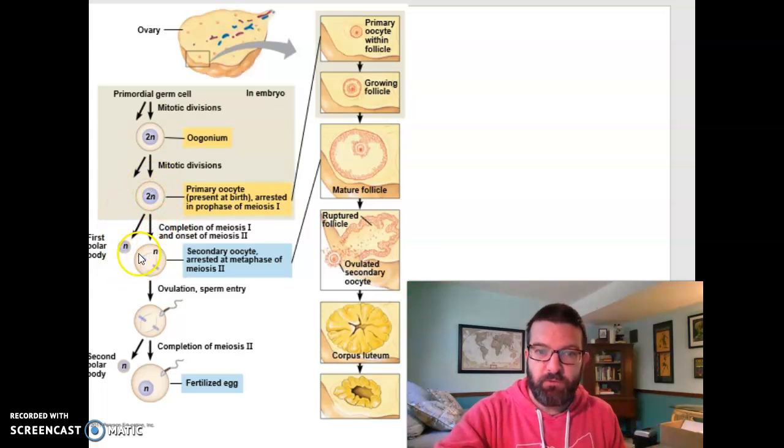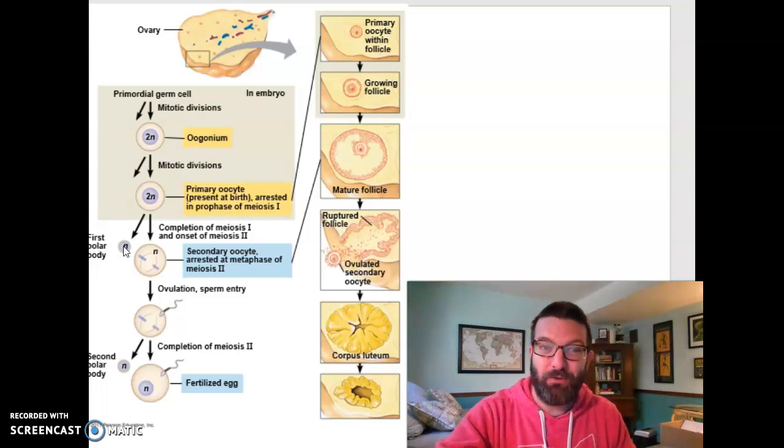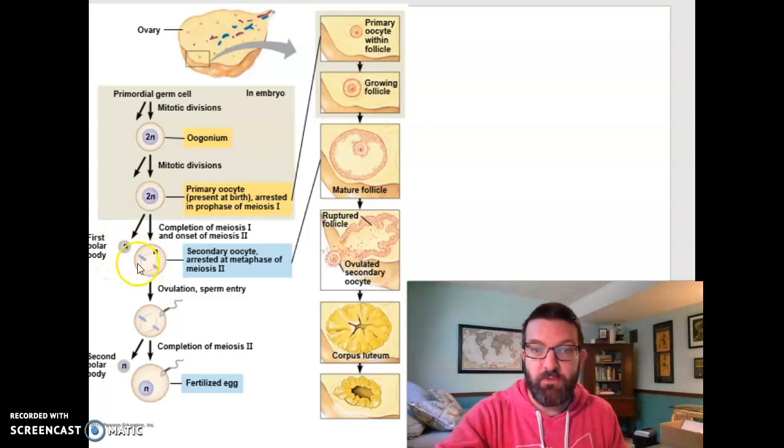And that first round of meiosis does not produce 2 cells with equivalent amounts of cytoplasm. You produce 1 cell that's essentially just junk DNA that you get rid of. That's called a polar body. And the other cell is a secondary oocyte. Secondary oocyte, like a secondary spermatocyte, will undergo meiosis 2, and it will produce another polar body. And you end up with only, instead of 4 cells that are functional like in sperm, you get 1 functional egg.